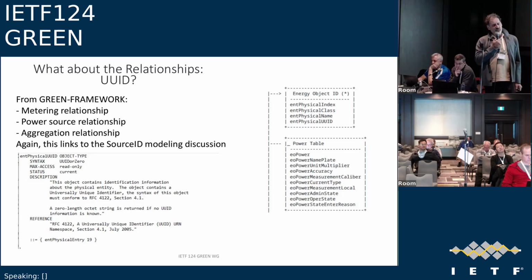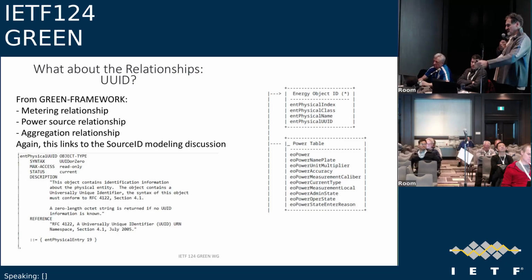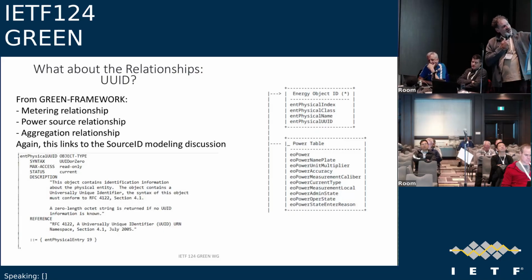And aggregation. So what did we do in EMAN? We augmented the MIB module of the entity MIB to create a UUID, which would be unique across the network. And that's what we did with this reference there. We had the UUID connected next to the entity physical index.